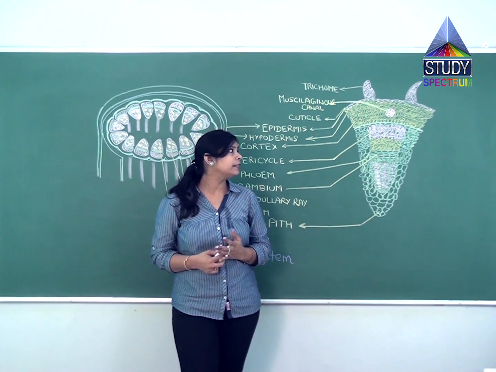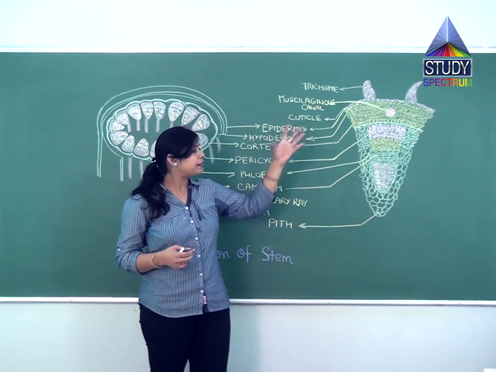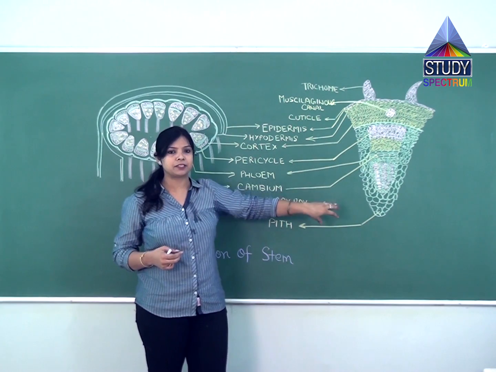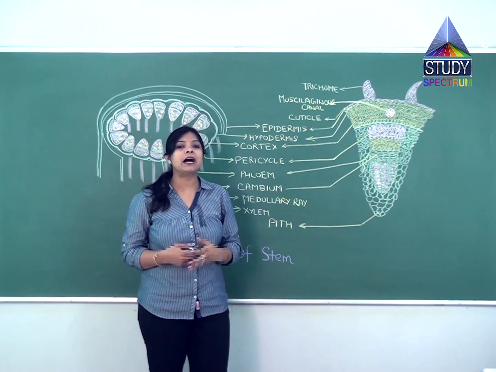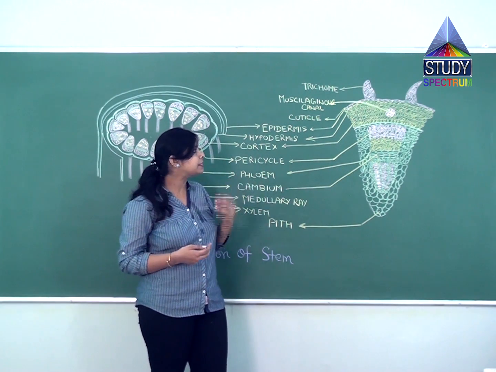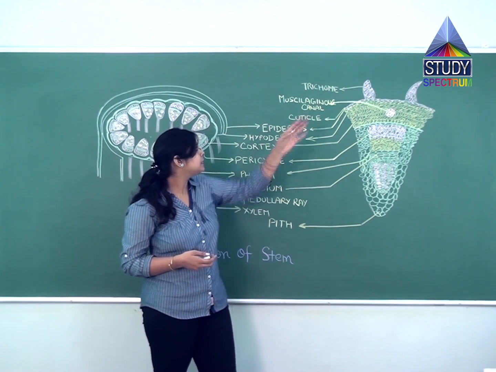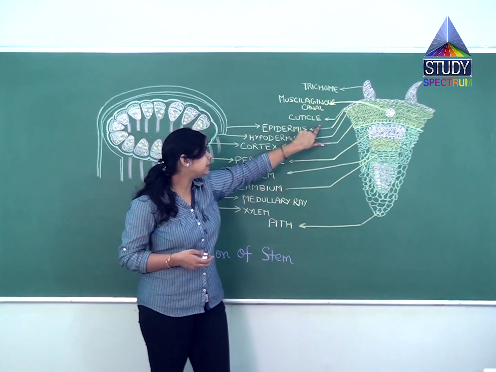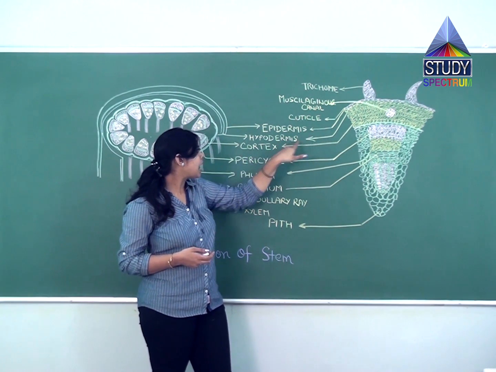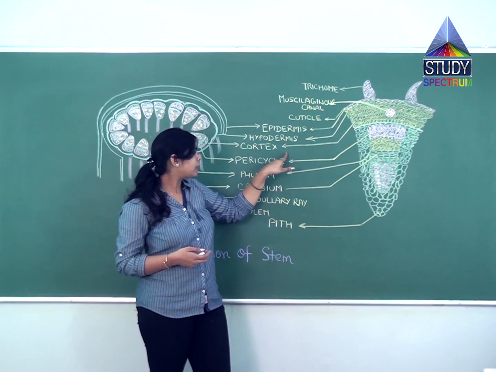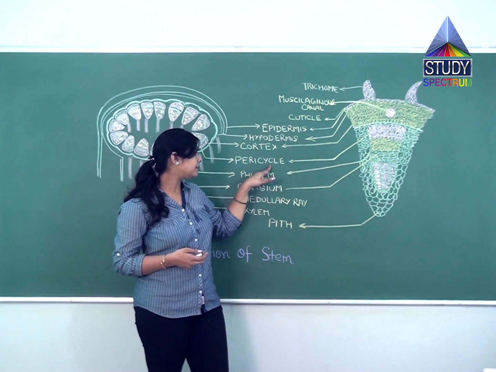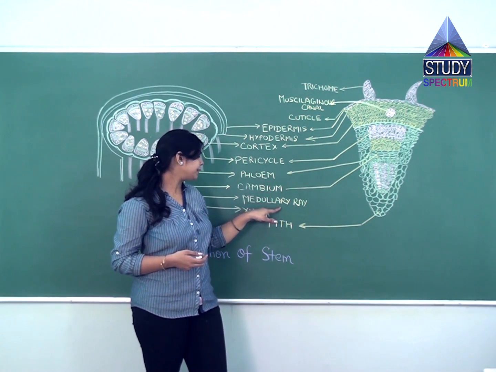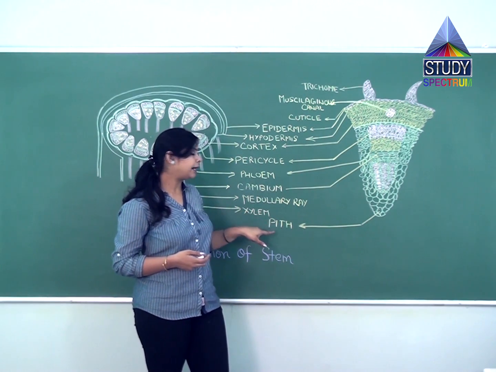You will see that different kinds of tissues or different kinds of cells are present. So now see how many types of cells you can see: the trichome, mucilaginous canal, cuticle, epidermis, hypodermis, cortex, pericycle, phloem, cambium, medullary rays, xylem and pith.